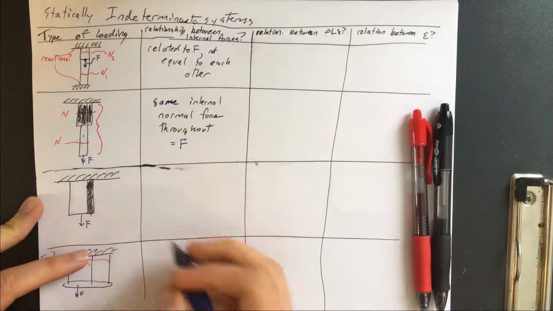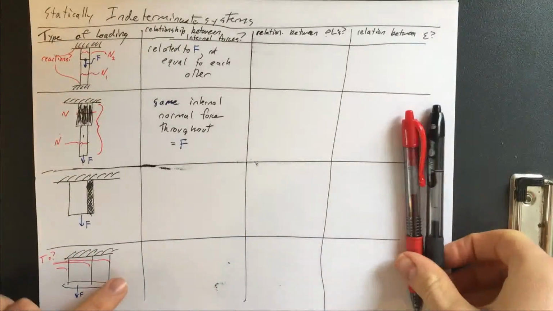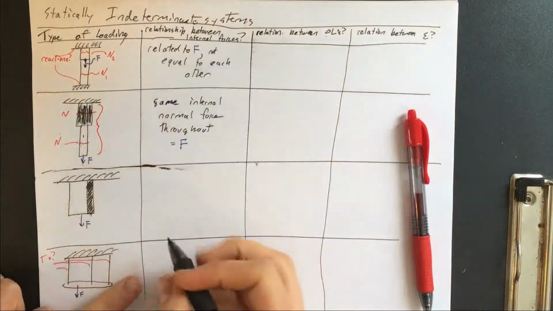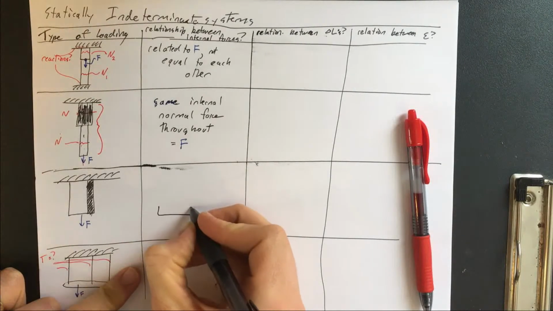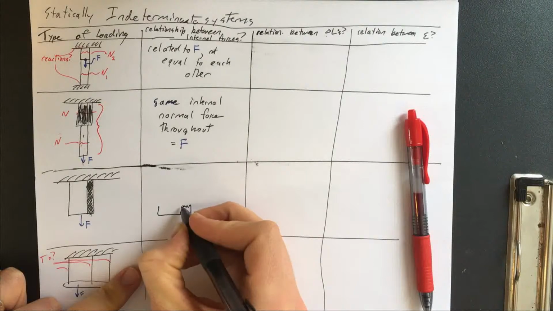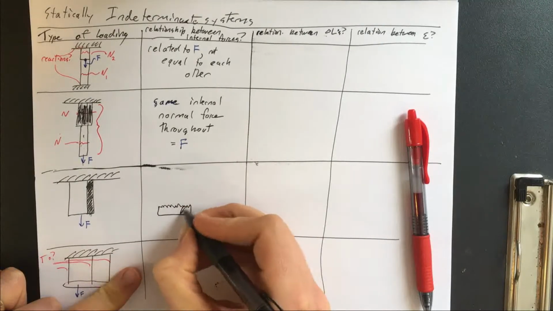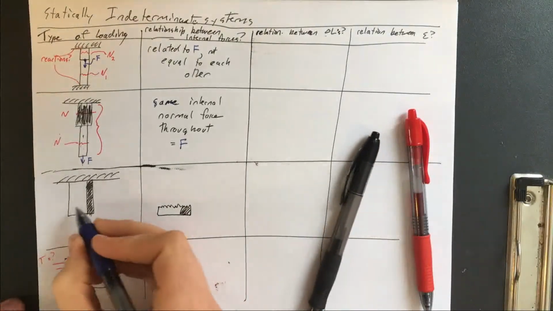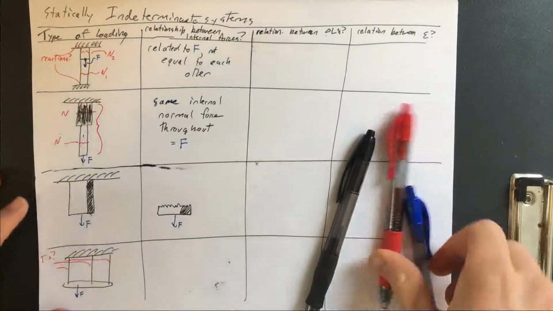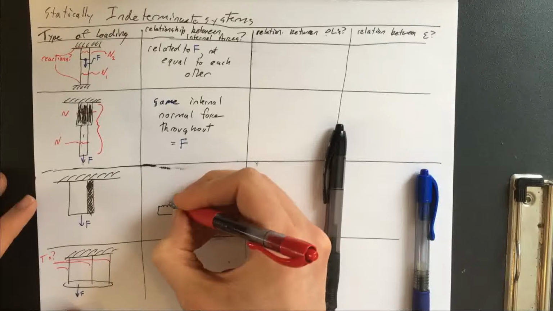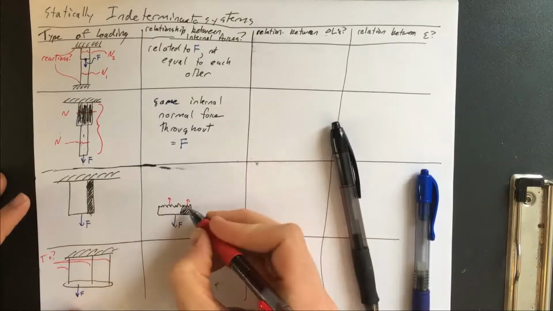If we look at a configuration like this, there is a relationship between the internal forces. If you imagine we took a section of it and cut it along this section here, we would still have this force F applied here, but we might have different internal loads within each section.